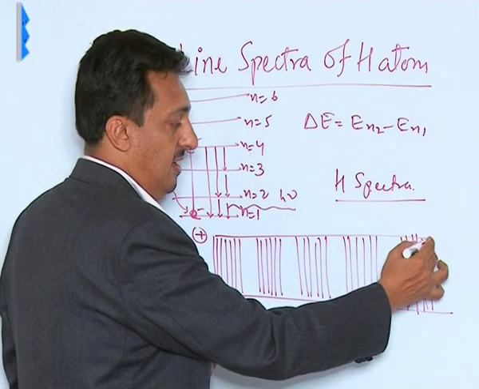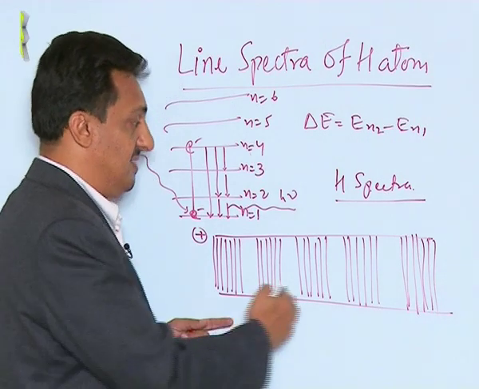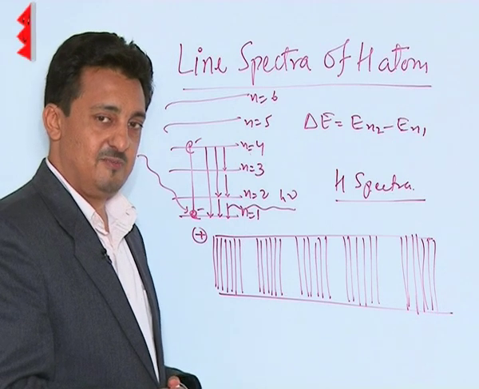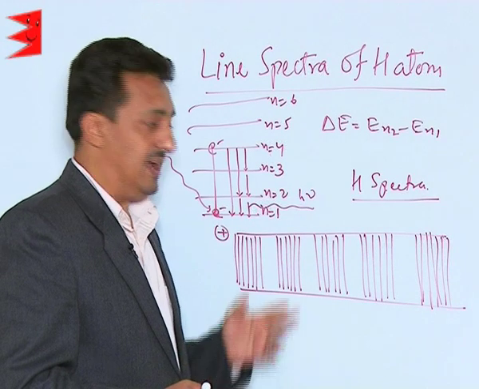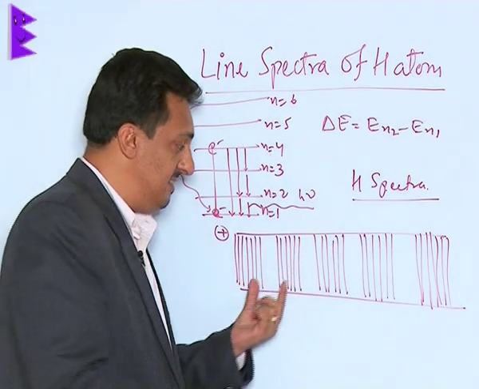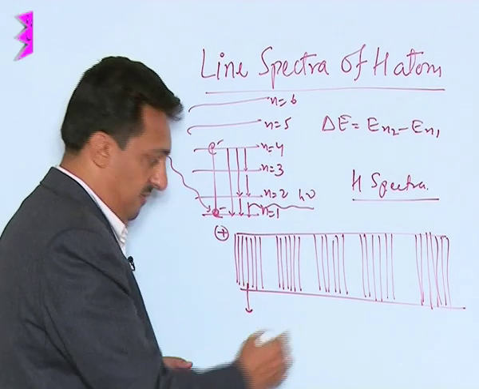They have been named on the basis of the scientists who have discovered them. So these are the five series of light and dark lines which we get in the case of the hydrogen spectra. In the hydrogen atom, we get these light and dark lines in the form of five series, which are named after the scientists who have discovered them.